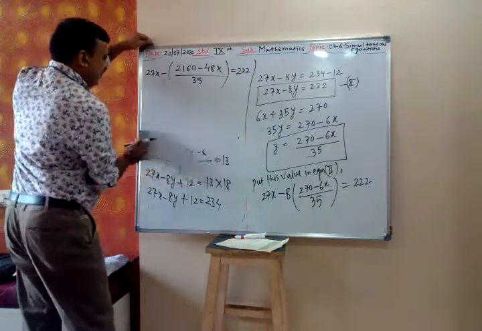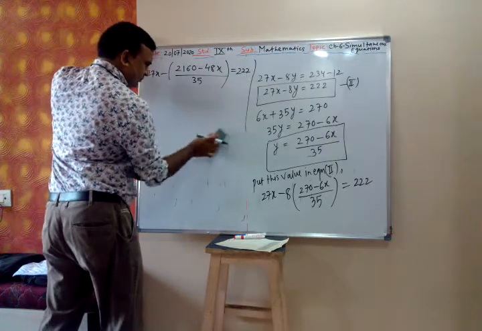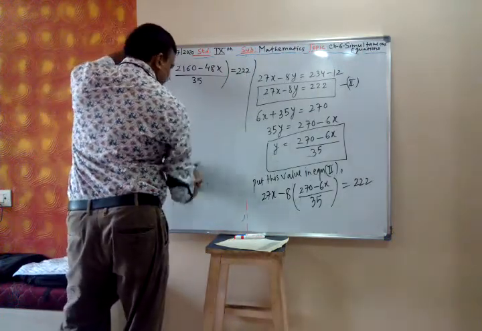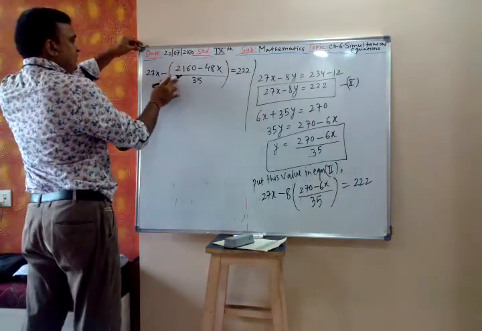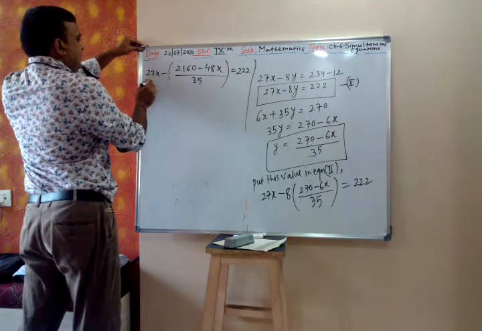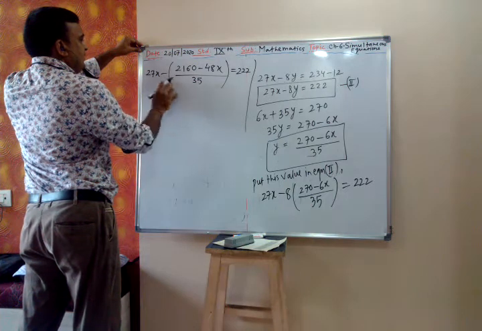Now I will open the bracket. Because 8 is there in the numerator, I will multiply that to the numerator. Now multiply 35 to 27. 27x means 27x upon 1. LCM of 1 and 35 is 35.